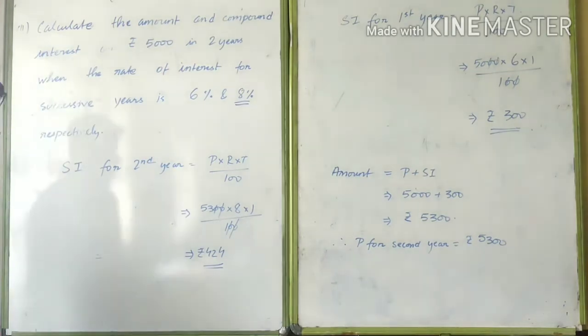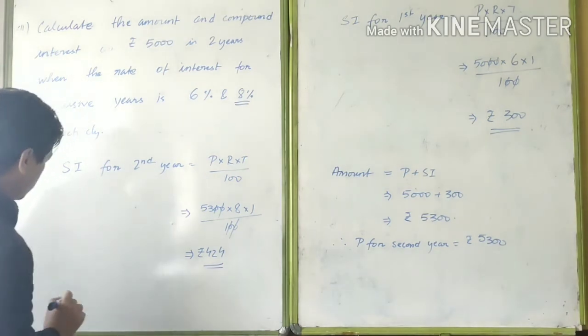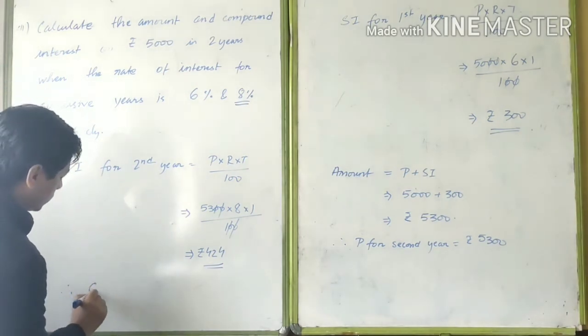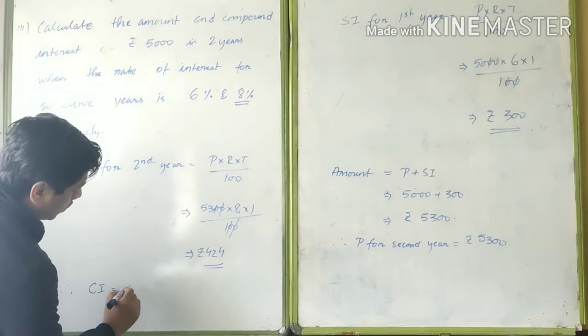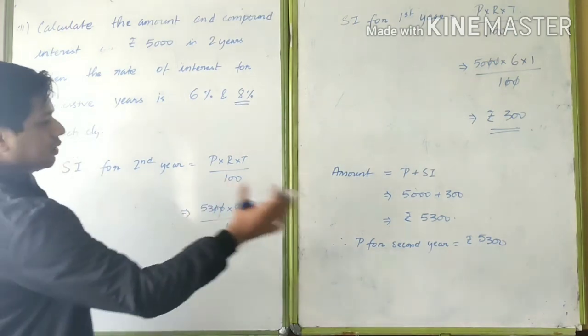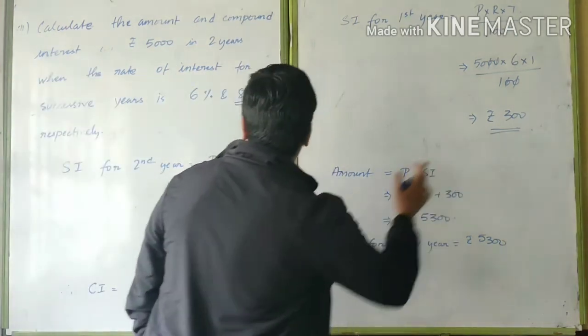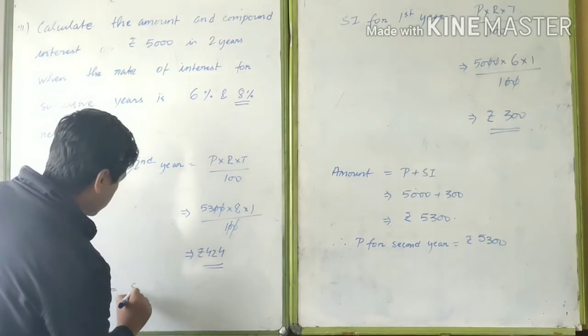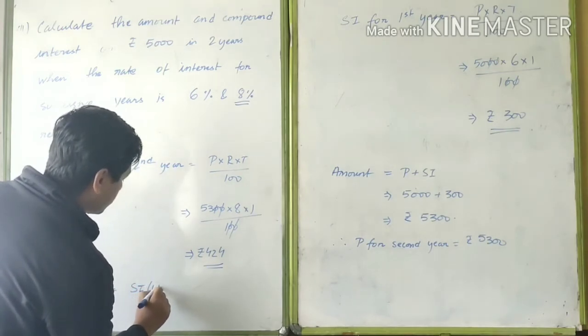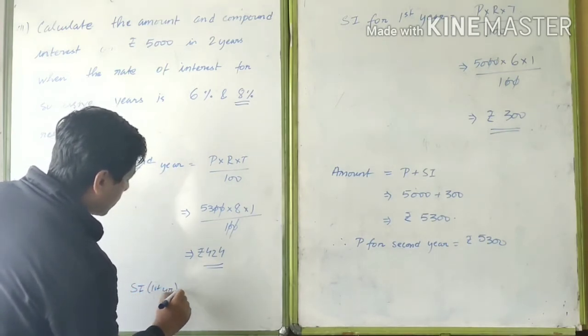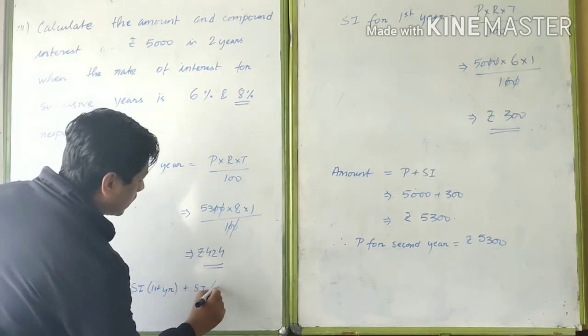The question is asking us to find the CI and amount. So therefore CI equals, we can add the simple interest of both years and get the answer, that is SI of the first year plus the SI of the second year.